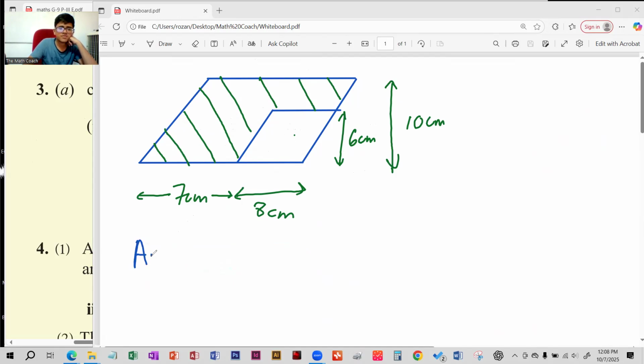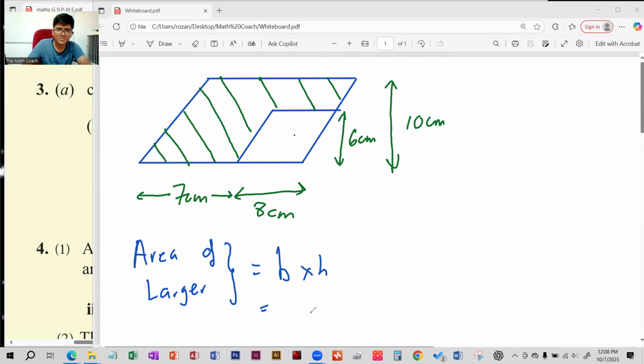Area of larger is equal to how much? So the area of a parallelogram is the same as the area of a rectangle. So it's like length into breadth, right? So base into height, anything you want. Because a parallelogram is actually a knocked-off rectangle, we can write it as base into height, b into h.